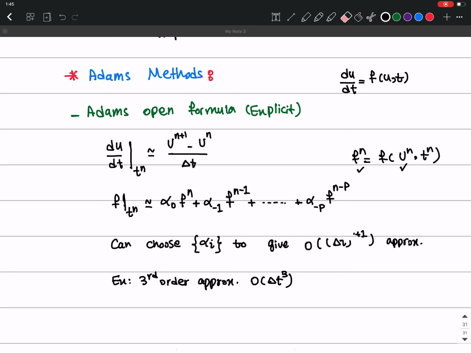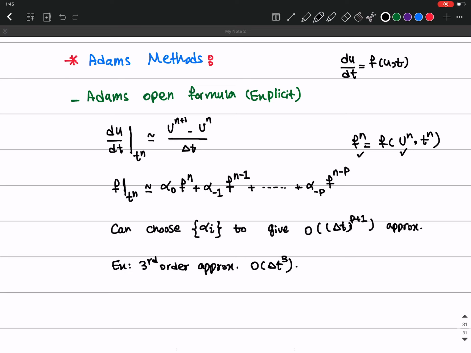It's going to be order delta t to the p plus 1. For this example, I want to find a third order approximation, which is order delta t cubed, with p equals 2. So I go 2 steps back. I'm just going to write these two.